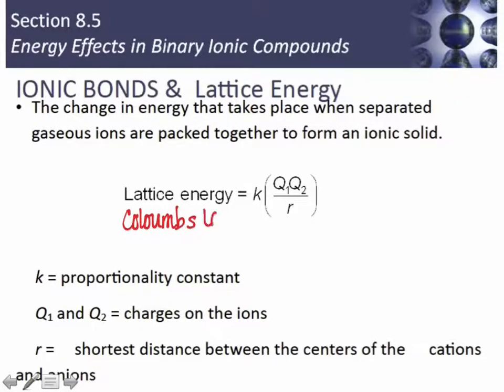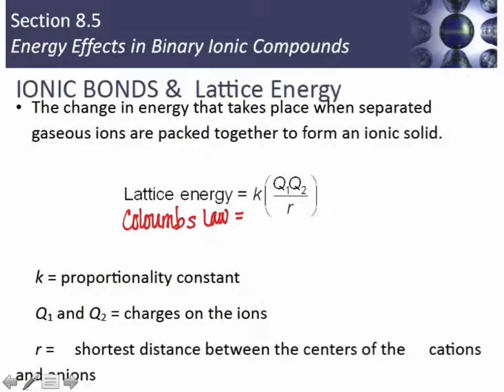Again, you may see it like that on the periodic table or on the AP exam. For the charges, we're just dealing with +1, -1, +2, -2. We're not going to have these big values. We're actually not even going to solve for these values. We're just going to look at the comparison between these types of atoms rather than solving for the actual lattice energy.